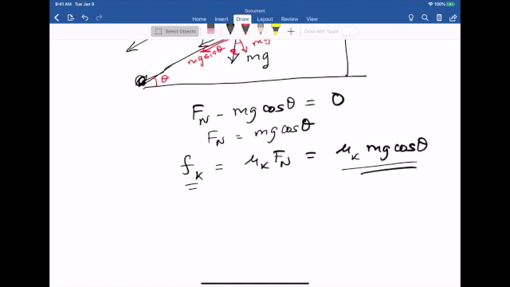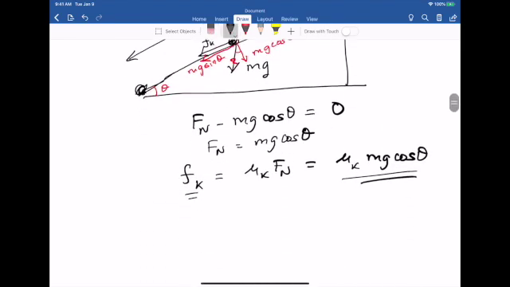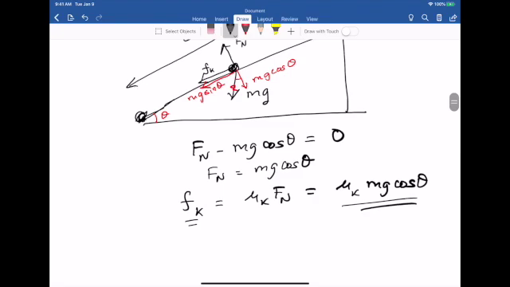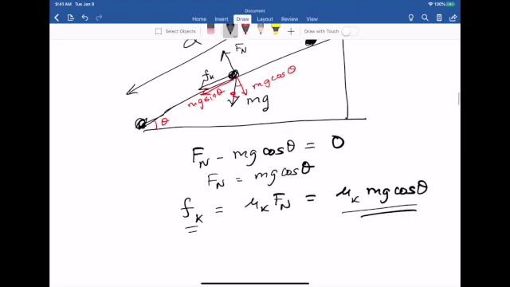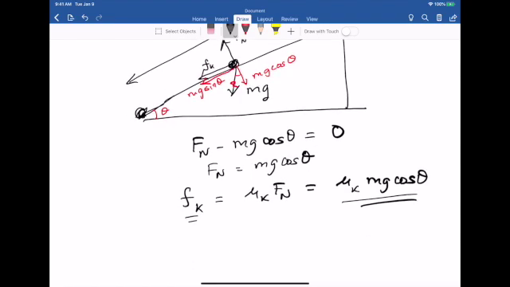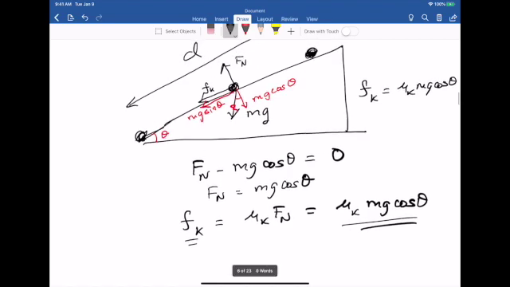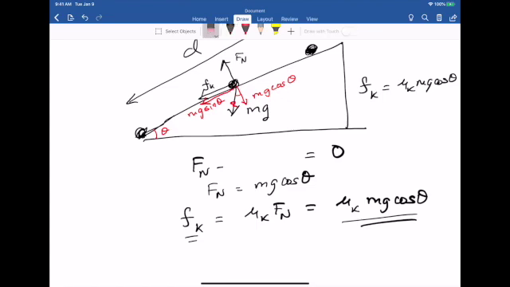I was just trying to move these three equations to the side so I can work underneath this diagram, but that's all right. I can probably still make it work. Actually, let me just do this. The important thing that we just derived was Fk is equal to mu k times mg cosine theta. So just so I can continue to use this diagram, I'll make a little bit of room here.